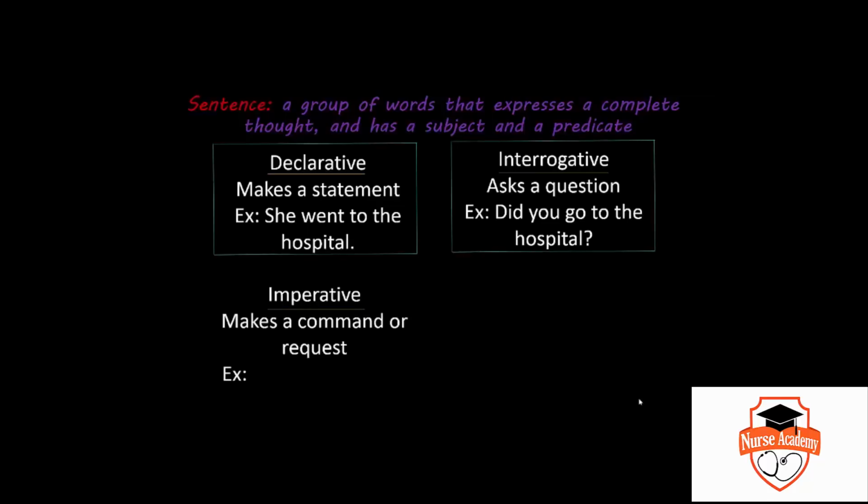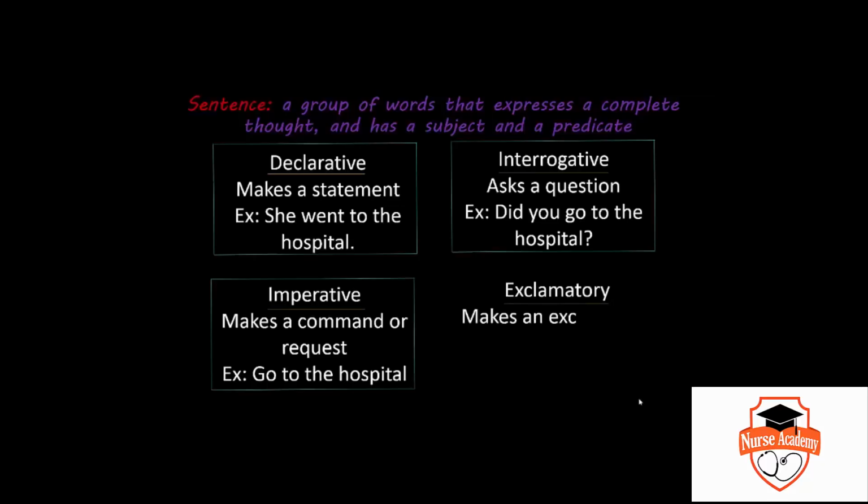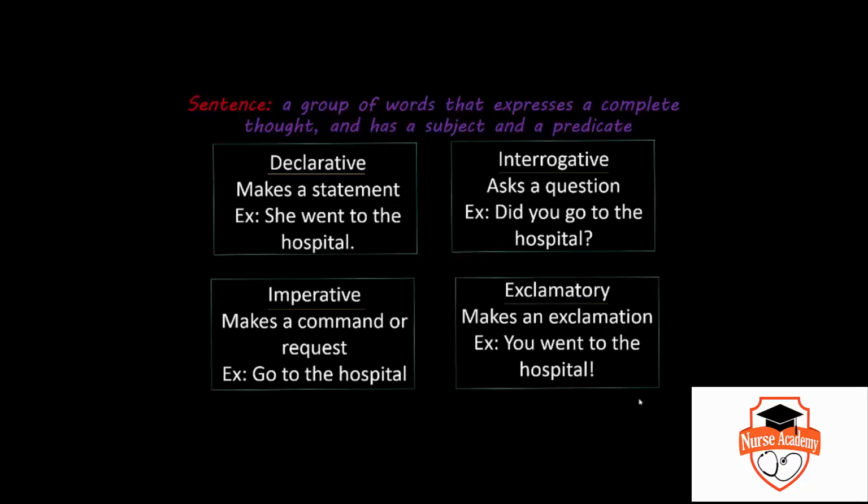An example of this would be, go to the hospital. It's a command saying, go to the hospital. The fourth type of sentence is an exclamatory sentence, meaning it makes an exclamation. An example of this would be, you went to the hospital! It is exclaiming what they did. What did they do? They went to the hospital. These are your 4 types of sentences.